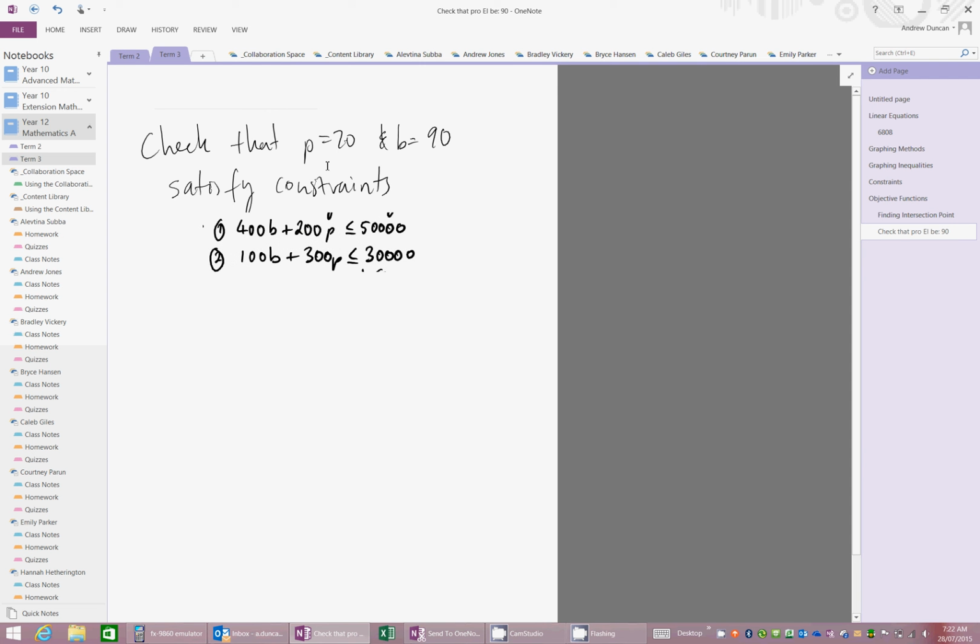So I'll just sub in both of these values and make sure they satisfy both constraints. So sub them into 1, so 400 times 90 plus 200 times 70 should be less than or equal to 50,000. Okay, so 36,000 plus 14,000. Hopefully this is all good. Adds together, yep, 50,000 is less than or equal to 50,000. Good.